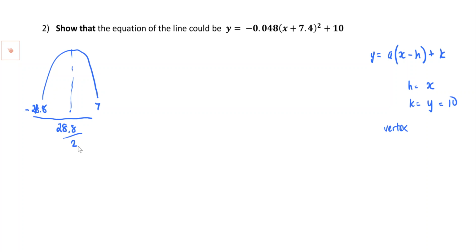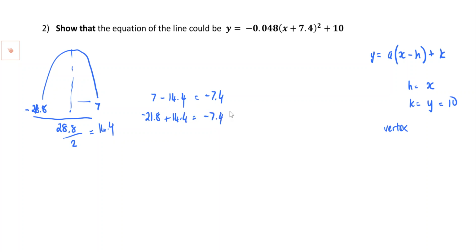If we divide that by 2, we get the 14.4. But you already knew that. So you either do the 7 subtract 14.4, which you get negative 7.4, or you do the negative 21.8 and you add 14.4 and you get negative 7.4.